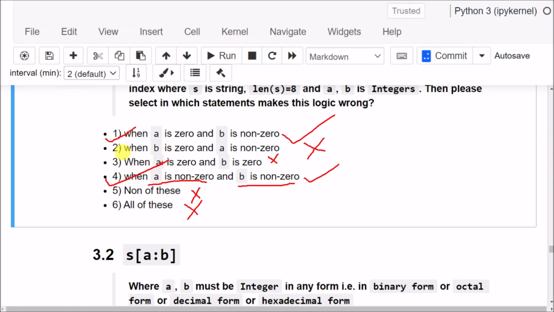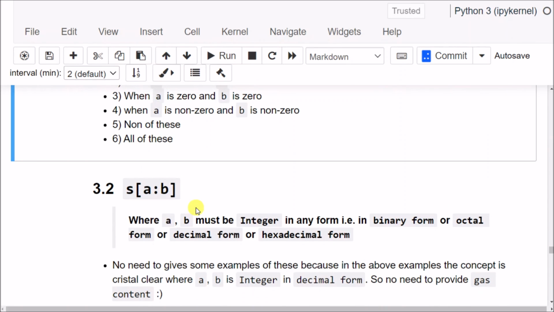So just try to understand the slice operator and the logic behind it. When you learn the logic now, you will never forget the slice operator if you understood the logic behind it.